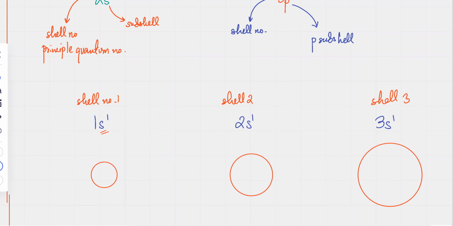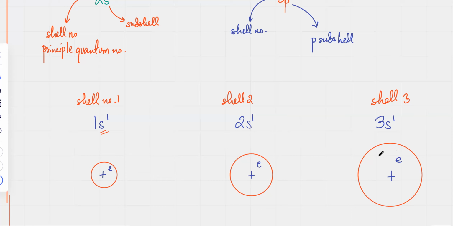Why would it increase? Because the electron is becoming more and more energetic. So here's your nucleus. The s indicates a spherical region around the nucleus, and the electron is buzzing around somewhere in this region, moving rapidly in that particular area.